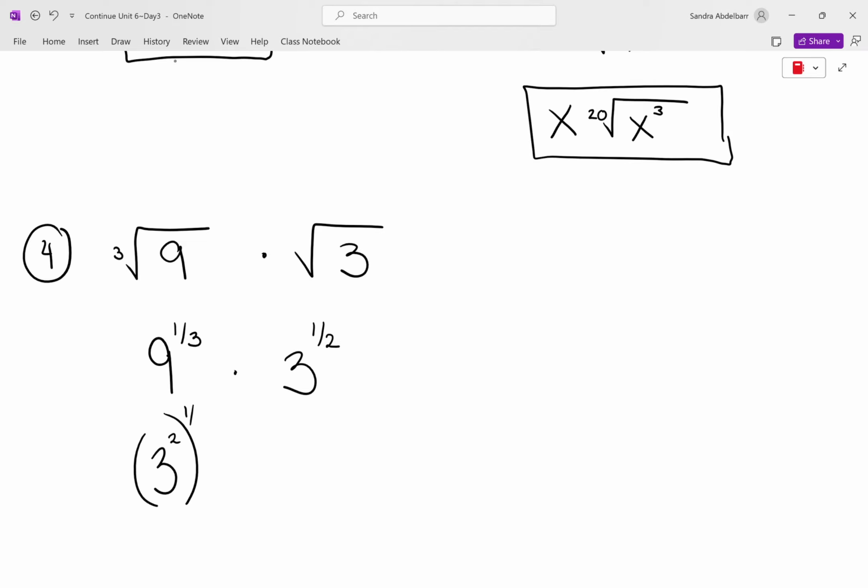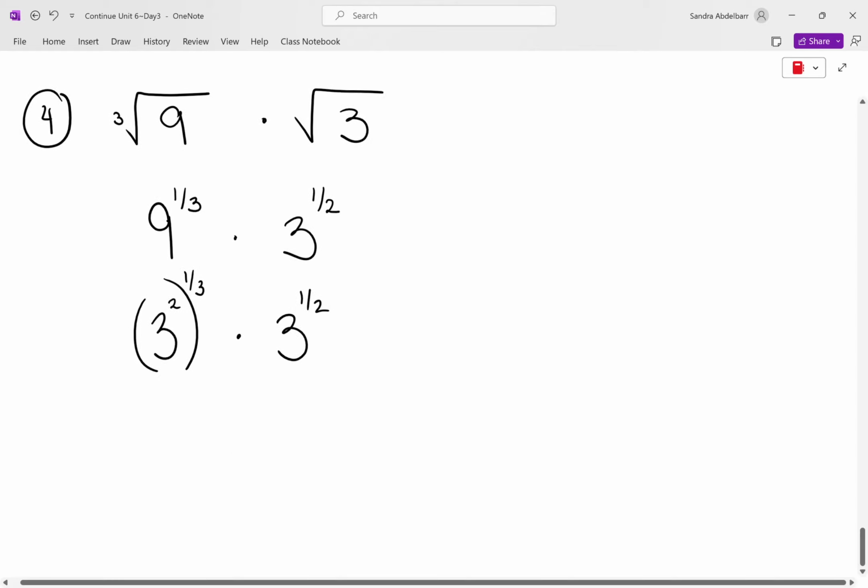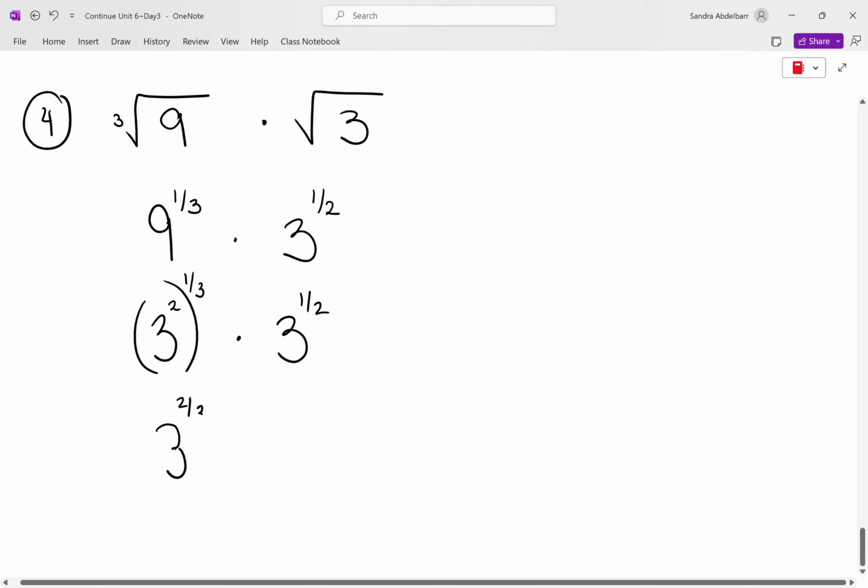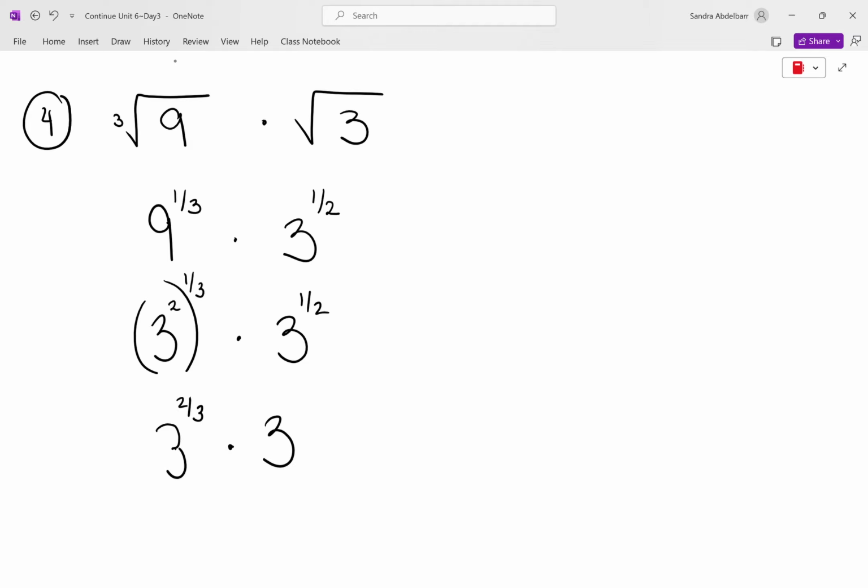Absolutely. I could change 9 into the base of 3 if I change it into 3 raised to the 2nd power, and then that's raised to the 1/3 power. So this is going to be 3 raised to the 2/3 power times 3 to the 1/2 power.